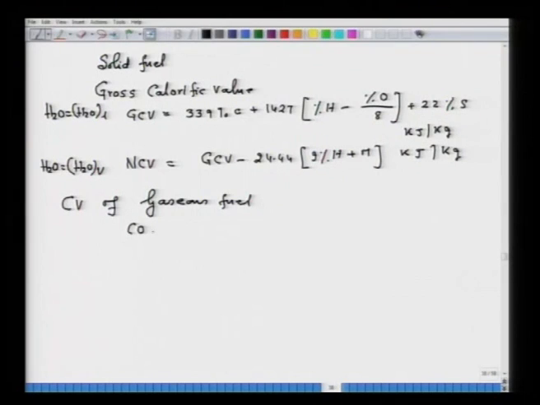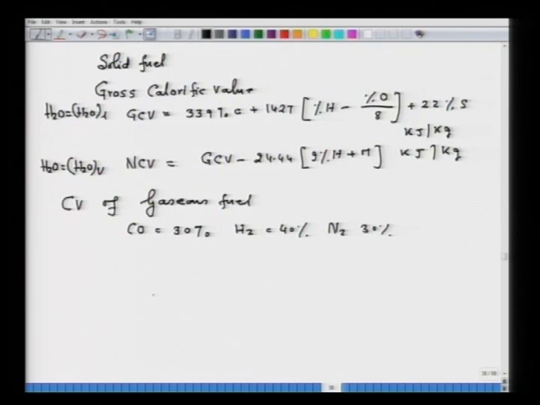Now, for example, let us take a fuel which has CO equal to 30%, H2 equal to 40% and nitrogen equal to 30%.